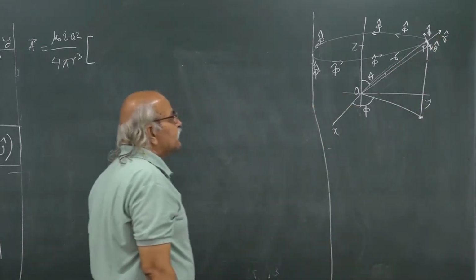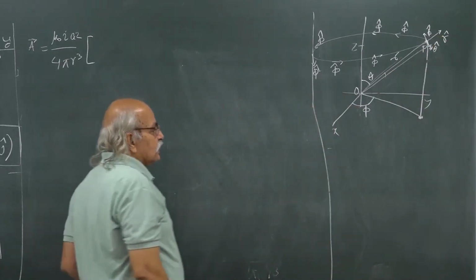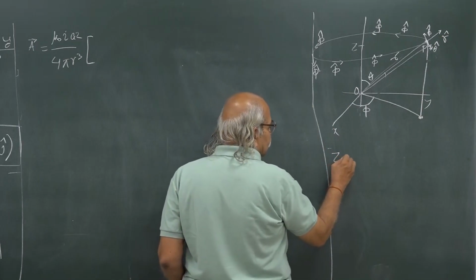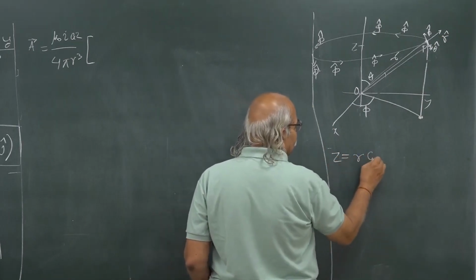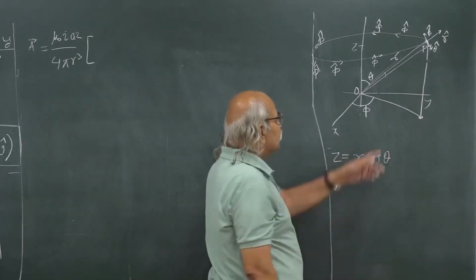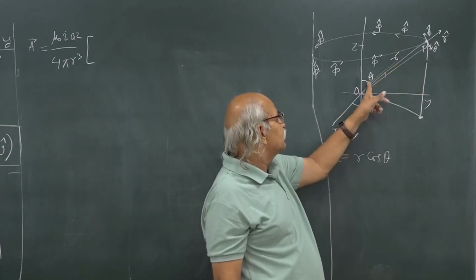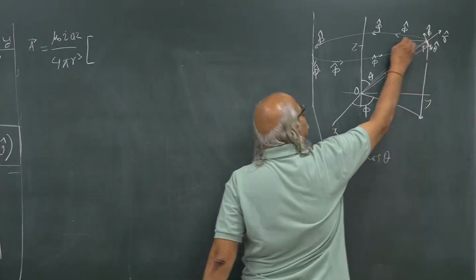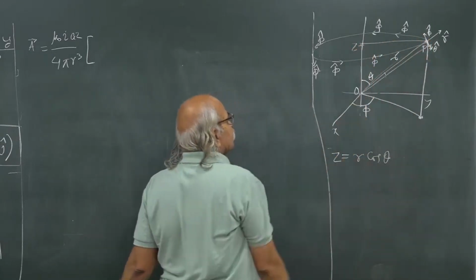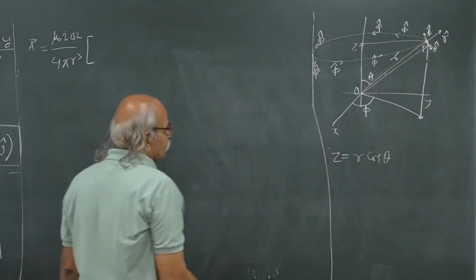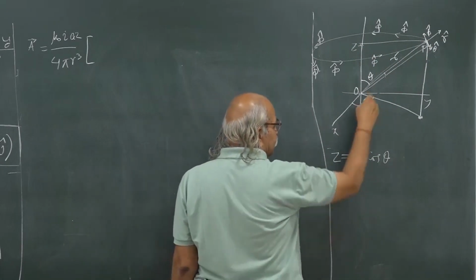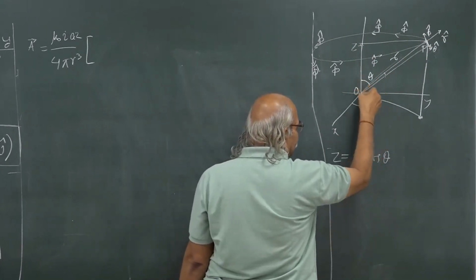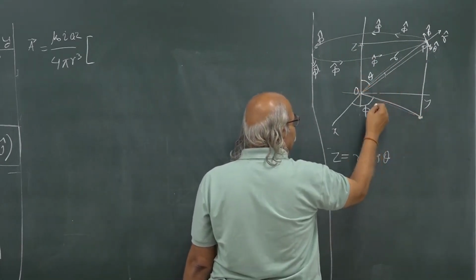So these are spherical polar coordinates, and you can work out that z will be equal to r cos theta. Very clear. This is r, this is theta. So z is r cos theta. Make a perpendicular here, and that is z. In this plane, this will be r sin theta.